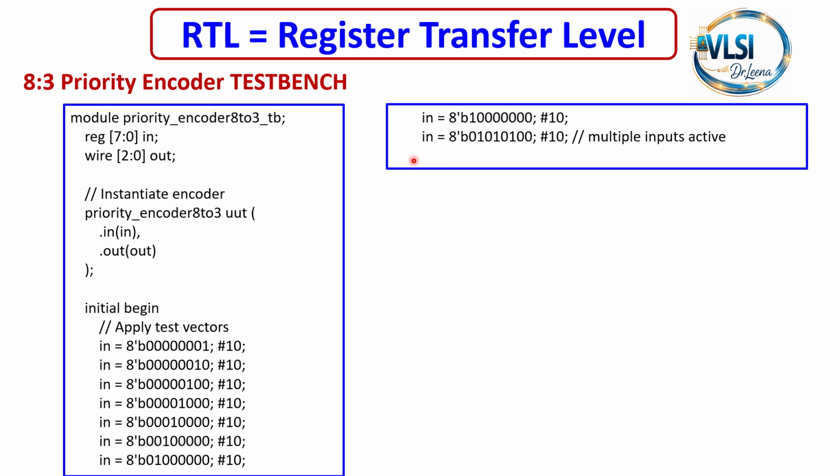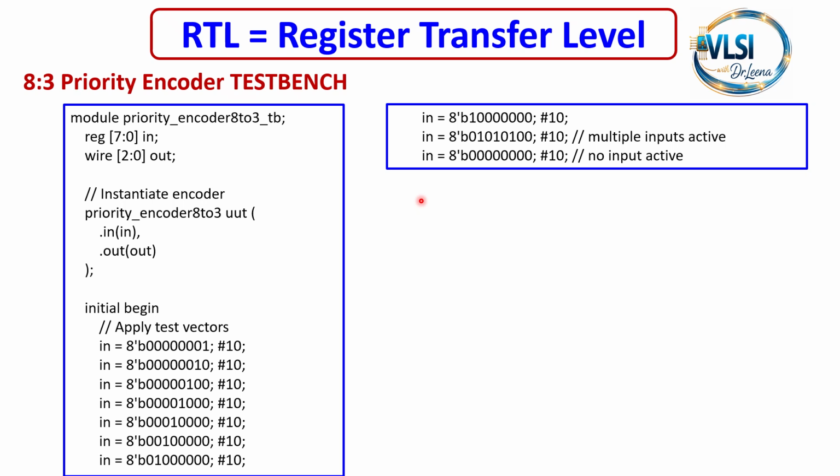The encoder should output the highest priority one. Among IN2, IN4 and IN6, IN6 is the highest priority one. So the output must give IN6, and it waits for 10 time units.